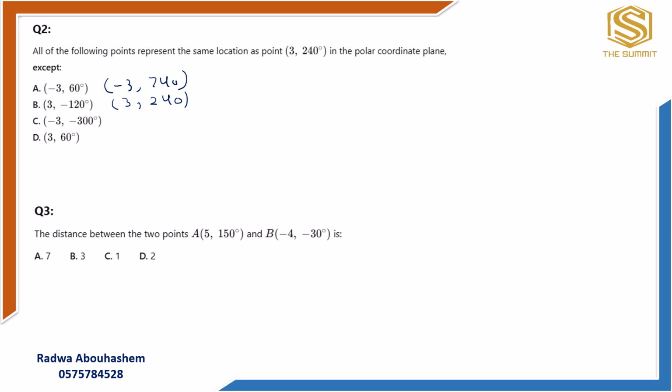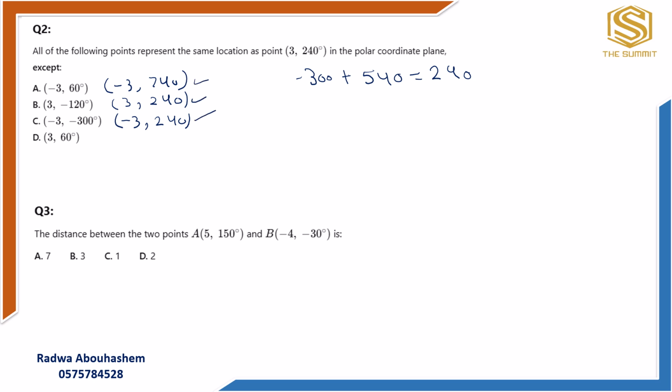And because it's greater than 180, I'm going to add 540, which is an odd multiple of 180. So negative 300 plus 540 will give me also 240. So all of them are still the same.